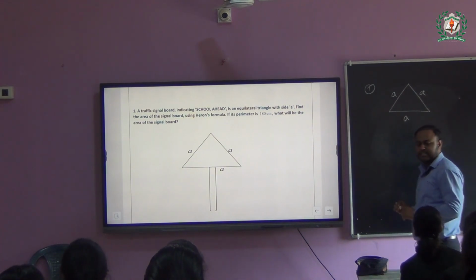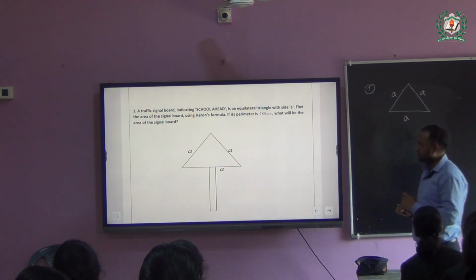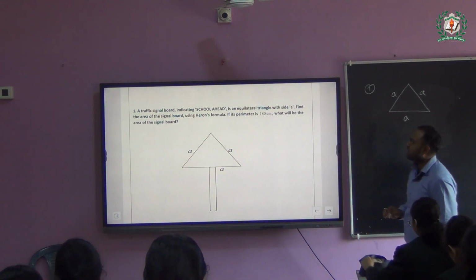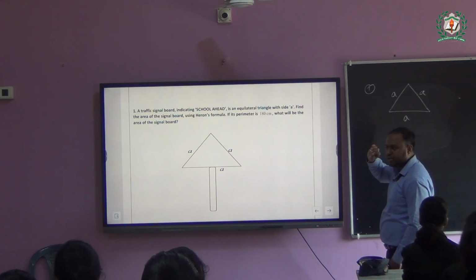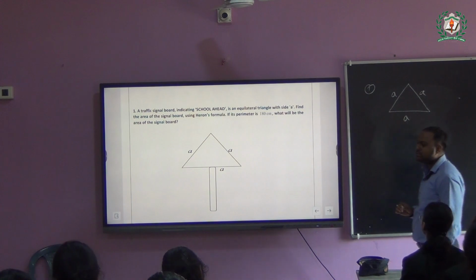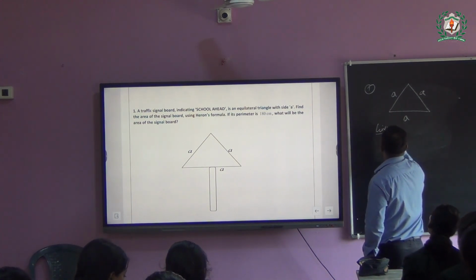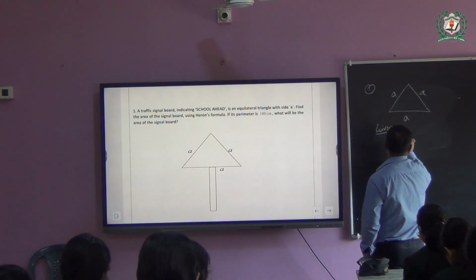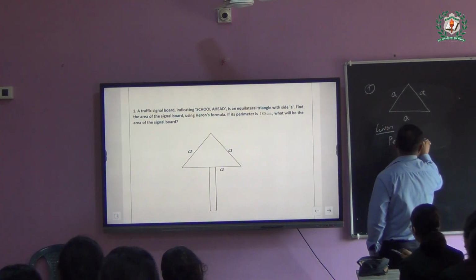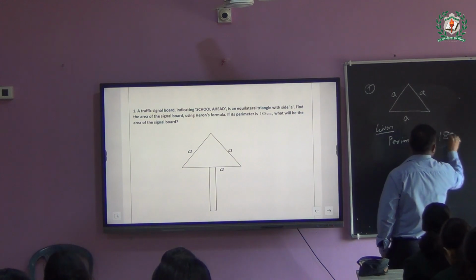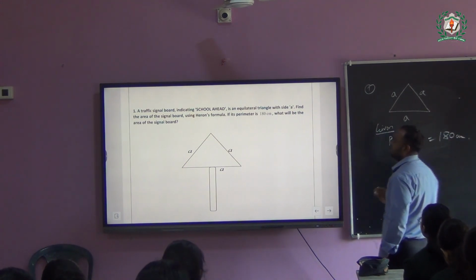So what are the given things? We have an equilateral triangle. The second thing given is the perimeter. Perimeter is 180 centimeters. This one is given.